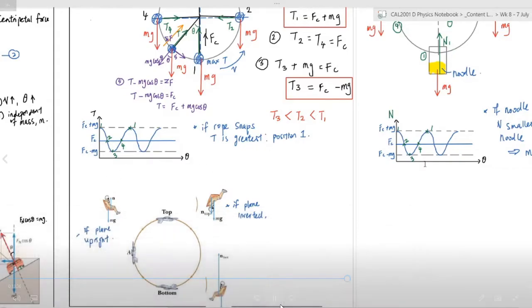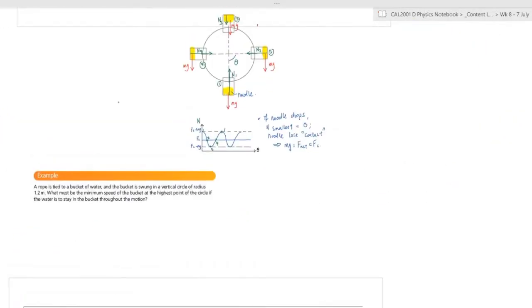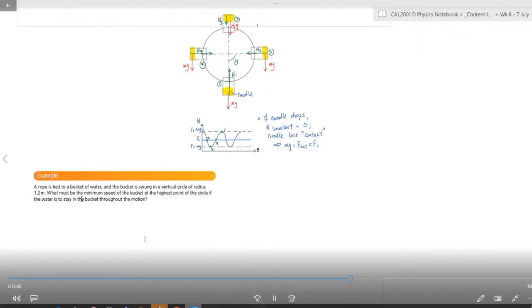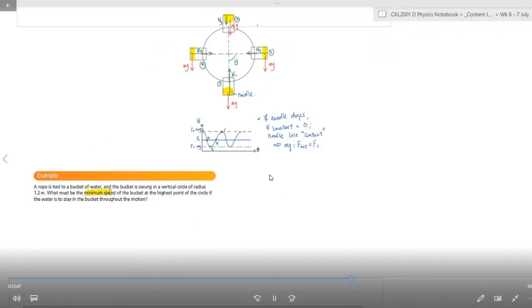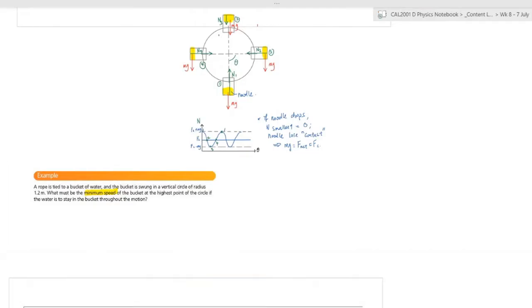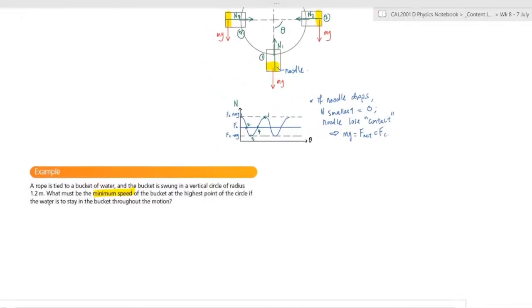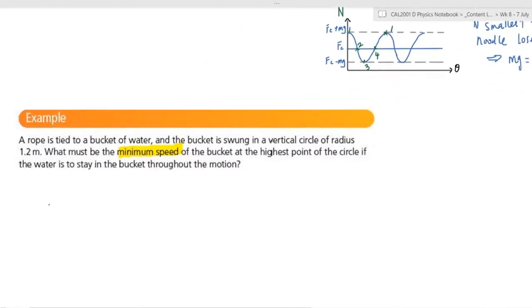Okay? So we are going to continue and do an example. This is related to the noodle, but instead of a noodle, now we are going to have a bucket of water. Bucket is swung in a vertical circle of radius 1.2 meter. What must be the minimum speed of the bucket at the highest point of the circle if the water is to stay in the bucket throughout the motion?